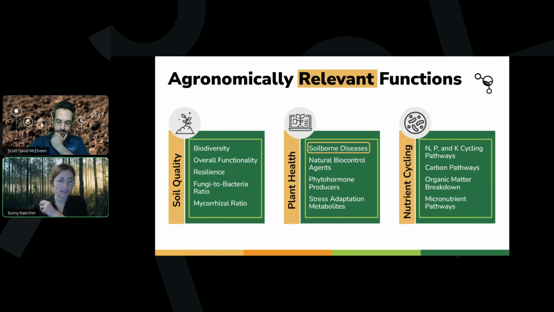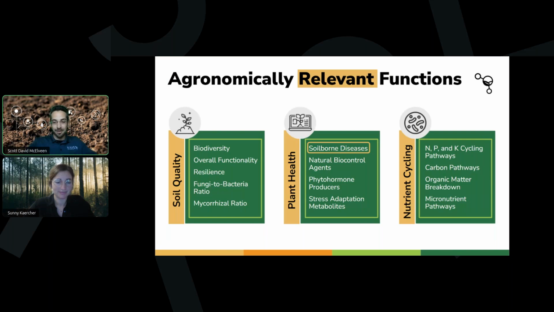So whether that's natural bioagents to support in suppressing disease, or phytohormones and stress adaptation compounds that will support not only the soil microbiome, but also the plant in growing. So keep that in mind as we work through these frameworks, that we're not only measuring disease, but also all of the beneficial components of the soil microbiome that help protect the plant from disease, and combining that together. And that'll especially become relevant with framework number 3.